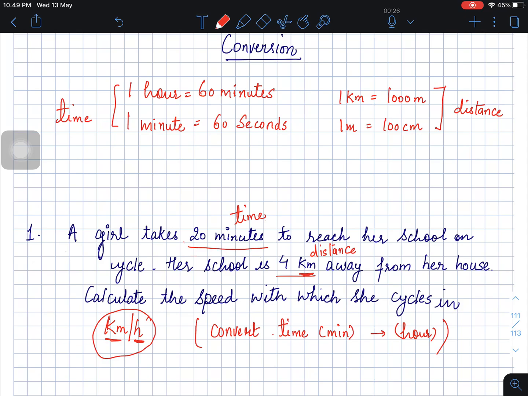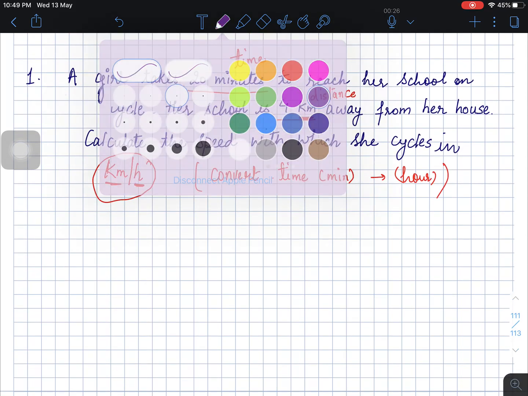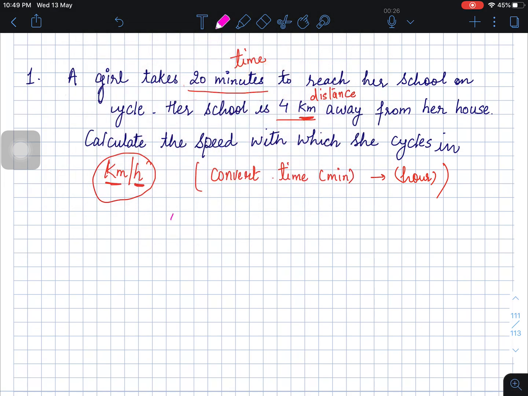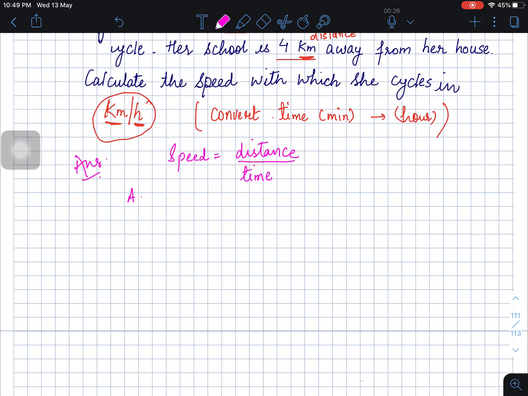Now come back to the question. Let us write the formula. Speed, this is your answer, we are starting with the answer over here. Speed is equal to distance upon time. Now according to the question, distance is 4 kilometer.